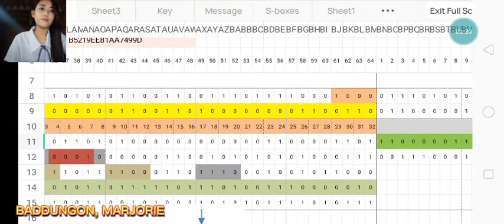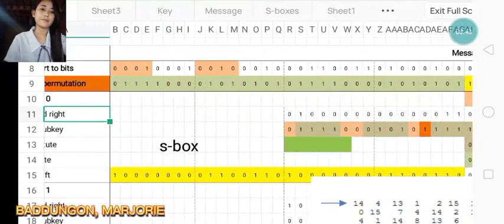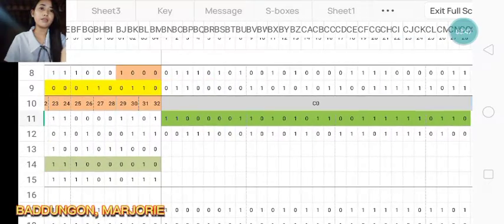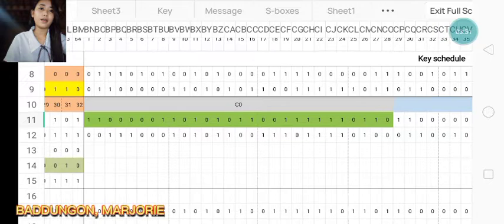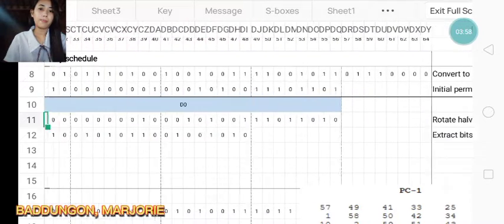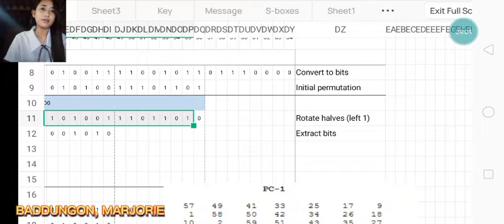The left side will have the first 6-bit binary. So this is the 6-bit binary. And of course, the right will have the 7-bit binary. So this is the 7-bit binary in the expand right row.